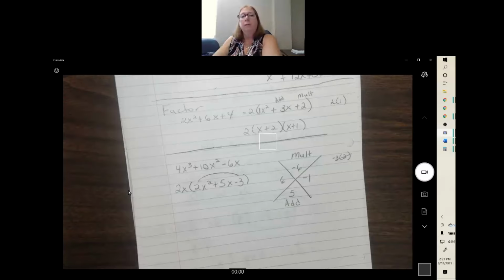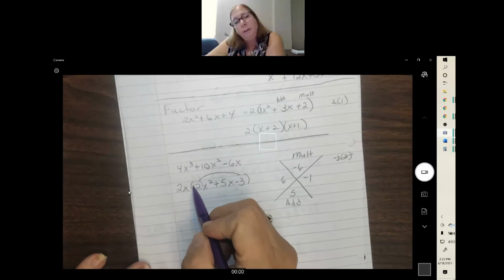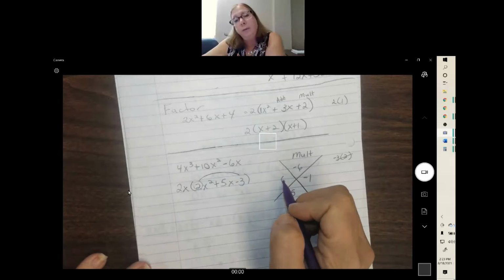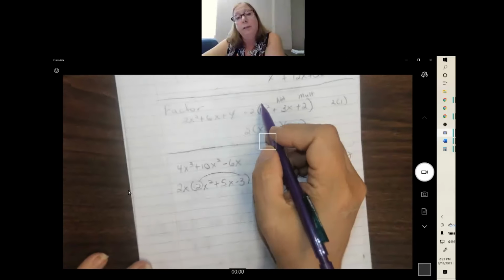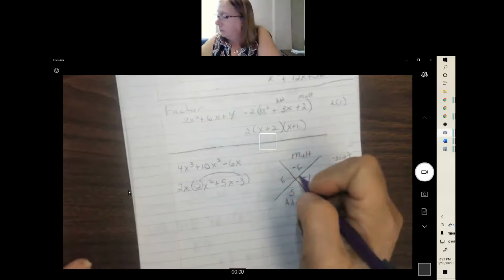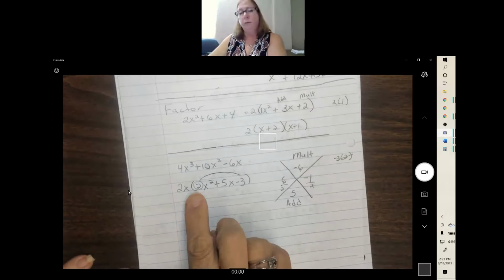Okay. Now you need to do one more step. This value here, it needs to divide into both of these. We didn't need to do that up here because it was a 1. But you divide each of these by your leading term, which is 2 in this case. So you use whatever the leading term is.